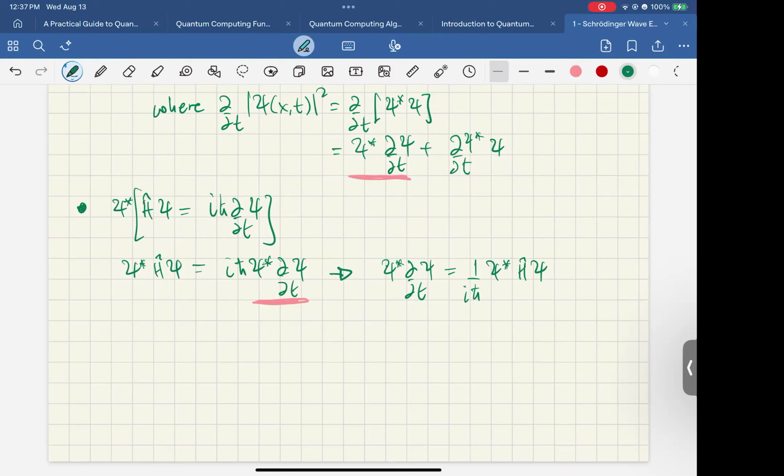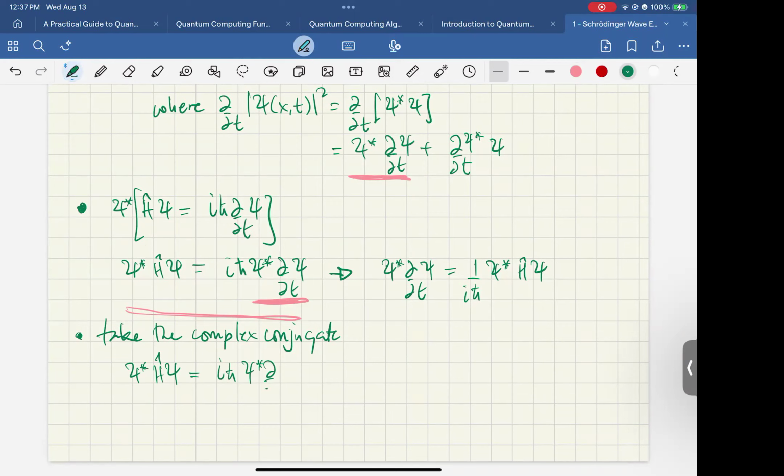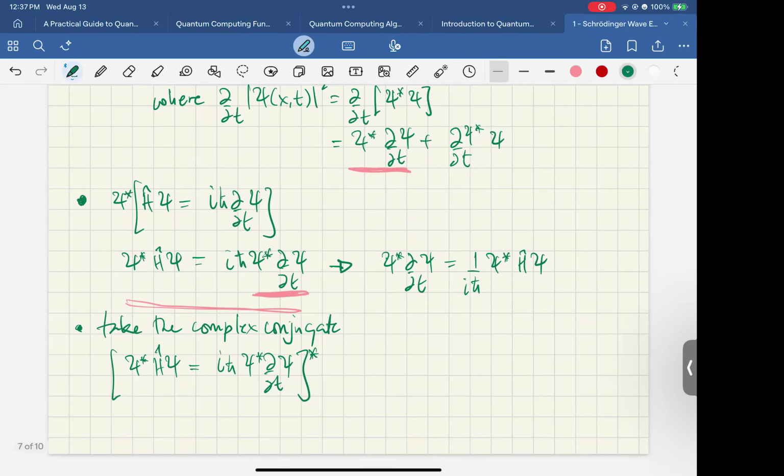Then, the next step is to take the complex conjugate of this expression. So we have psi star H psi is equal to iħ psi star partial with respect to t of psi. And we will take the complex conjugate of the whole equation.